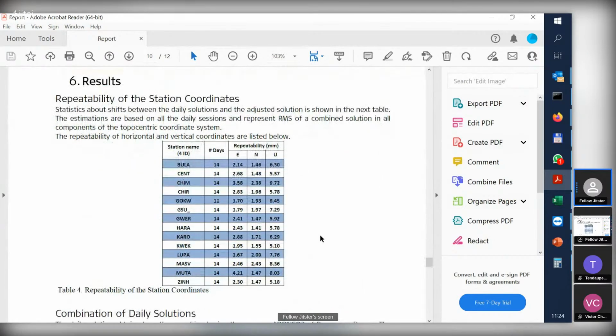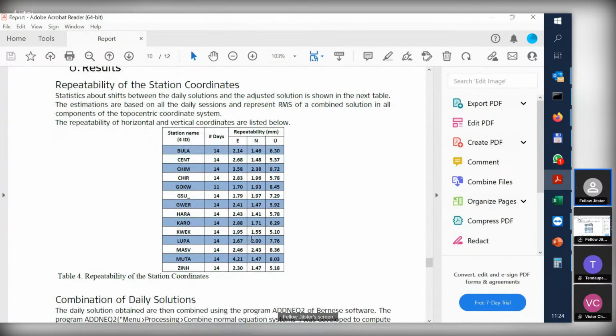So results, first of all, we have the repeatability. So the repeatability tells you something about the internal, I would say, dispersion of residuals for each individual station.